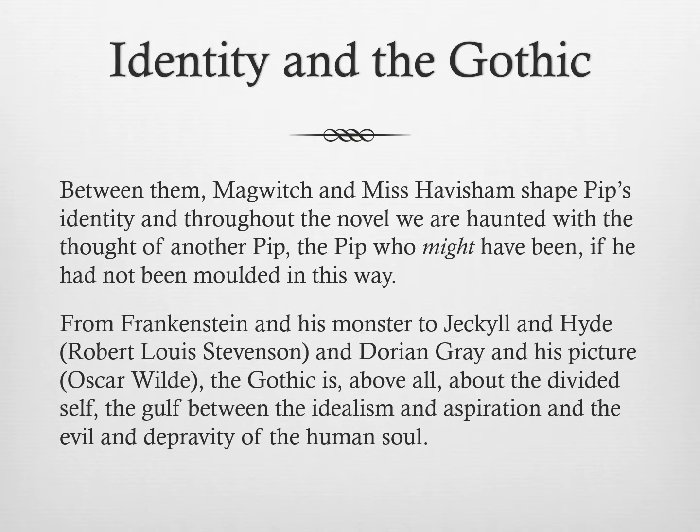We are very clever animals, but we are animals. And the Gothic explores that mysterious line of identity, the animal identity against the ideal, higher identity that we want to have as human beings.